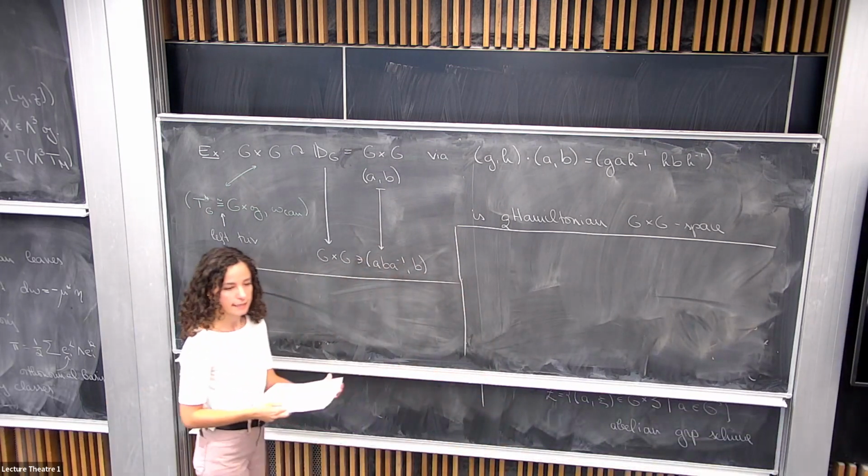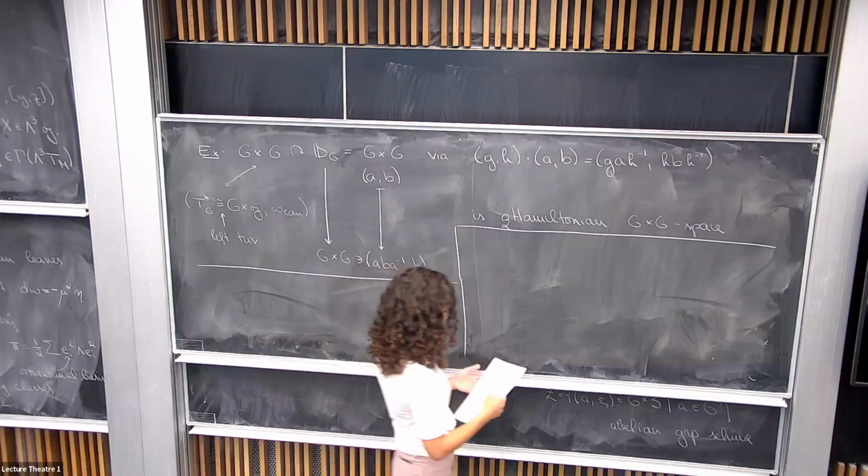So in this quasi-Poisson setting, we can also do reduction. We can reduce at a point.